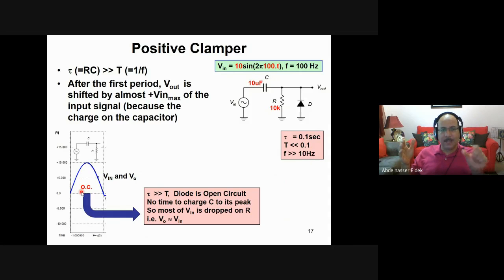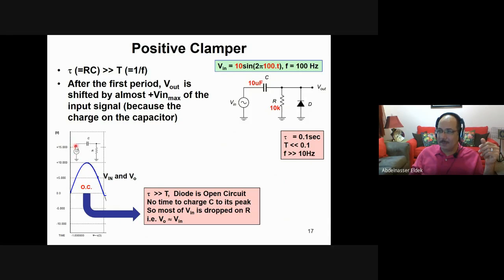If I give you 1 second or 1 minute to solve it, how many problems will you solve? Nothing, of course. This is the idea here: you are charging the capacitor, but you do not give it time to charge, only a very small time. So basically the capacitor will not charge, and you will have very, very small voltage across the capacitor.